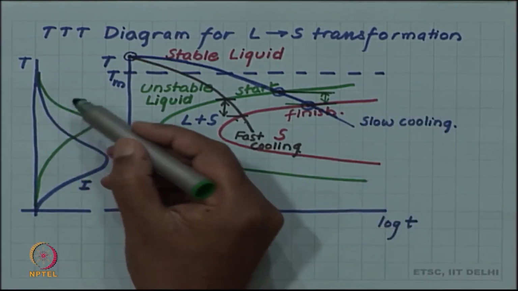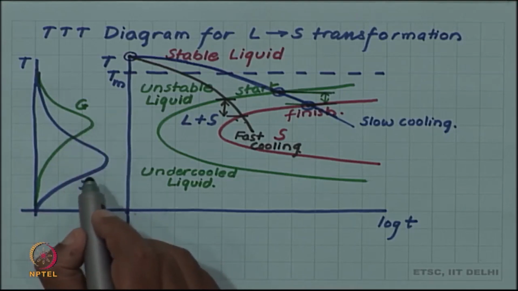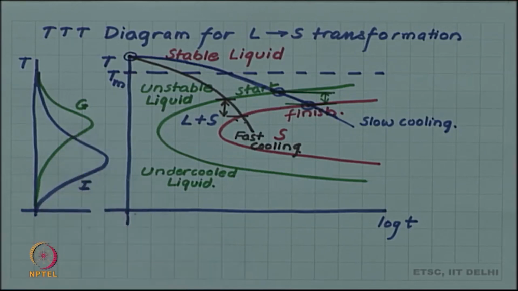On the higher temperature side, growth rate is dominant compared to the nucleation rate. On the lower temperature side, the nucleation rate is dominant compared to the growth rate. Let us note that.